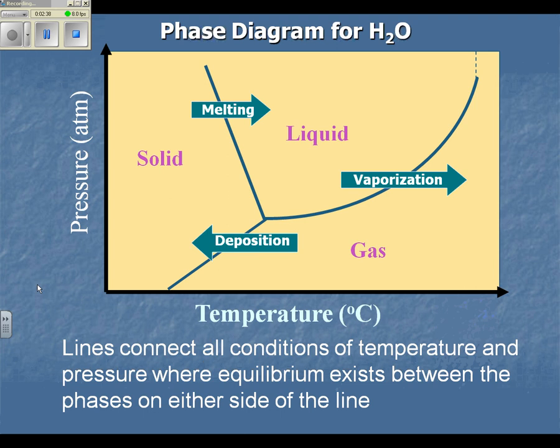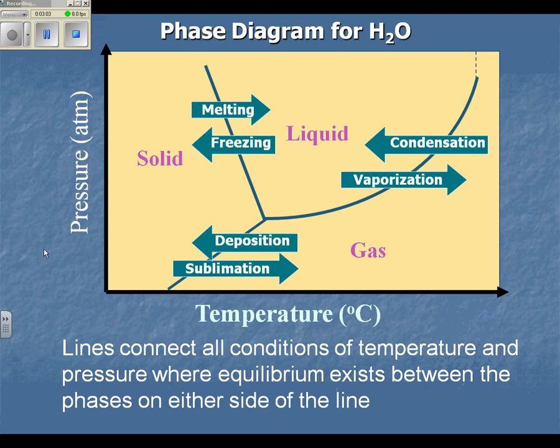The gas is going to deposit a solid on a substance, so that's deposition. Now going the other way, across that same line, solid to gas, that is sublimation. So you pick a pressure and increase the temperature, and you have sublimation going on. Going the other way, from gas to liquid, that's where you have condensation. And if we have a particular pressure and we're decreasing the temperature and go across the solid-liquid line, that is freezing.